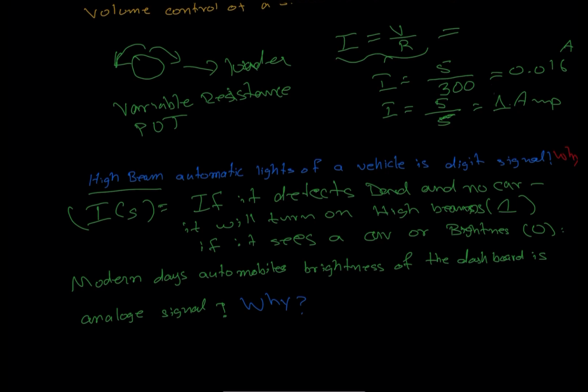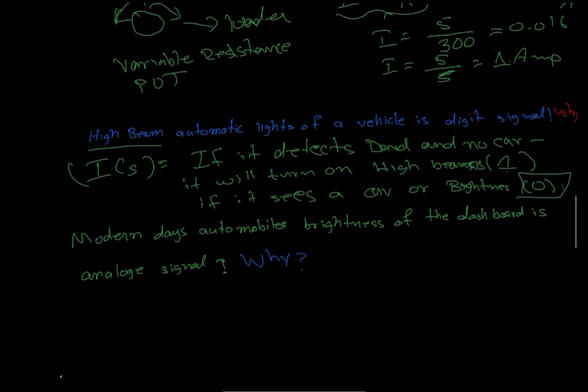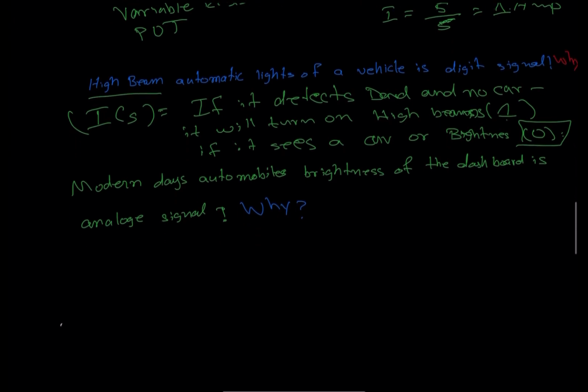It's a digital signal. Once it sees the darkness, it will turn on the high beam without your input. But if it sees a vehicle coming your way, it has lights on, so it can detect that vehicle. It thinks, I got somebody coming, I don't want to blind him, and it will turn off the high beam automatically. So that's digital, because it goes off and on. There isn't anything in between.